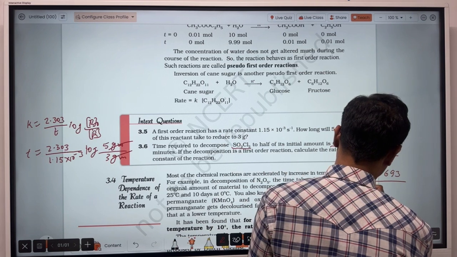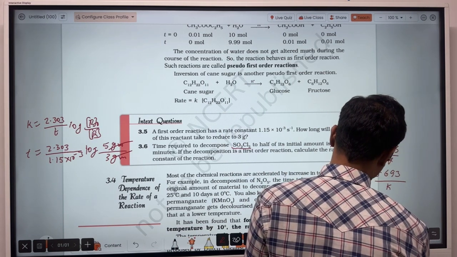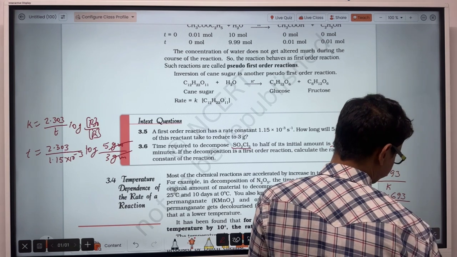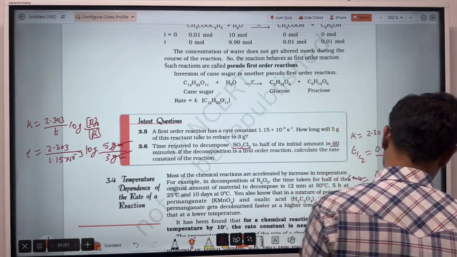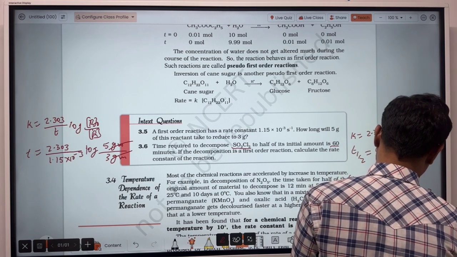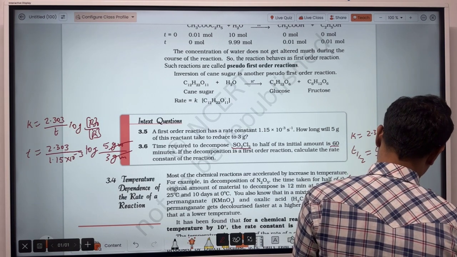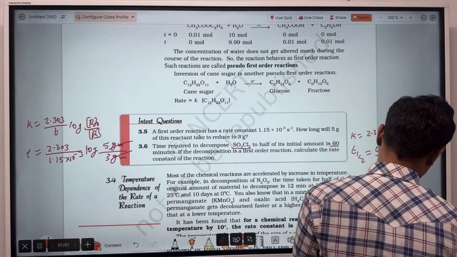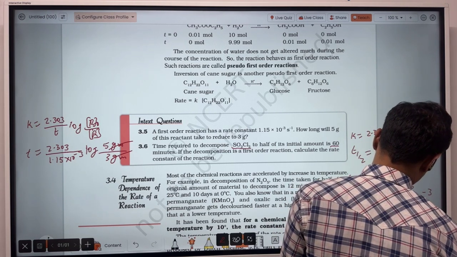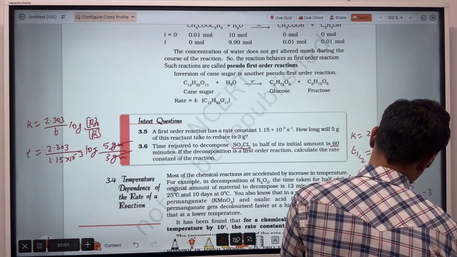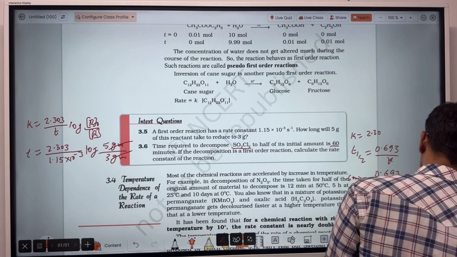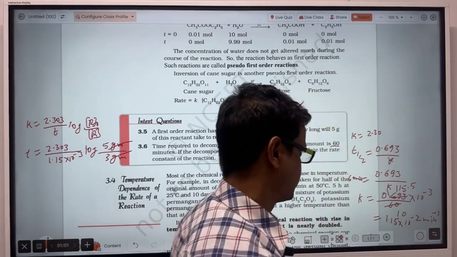So here 60 minutes is equal to 0.693 upon K. So K will be equal to 0.693 upon 60. That will be the answer.